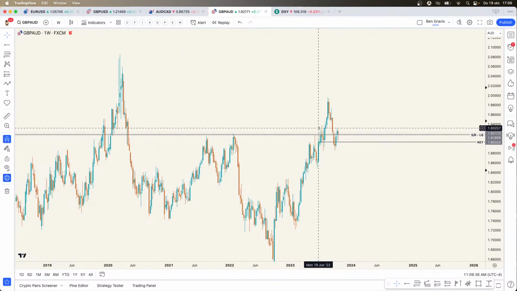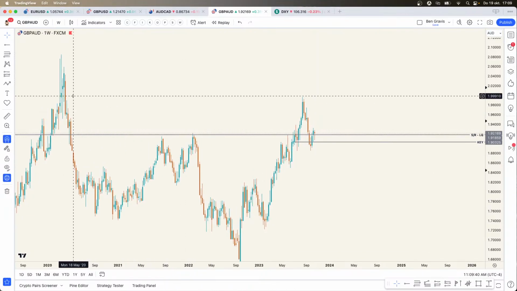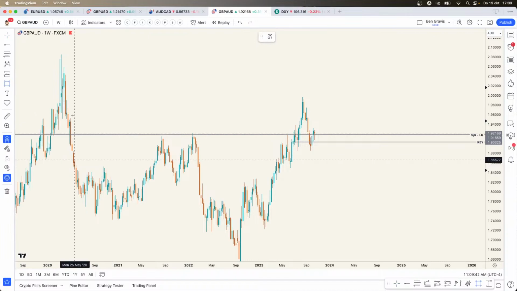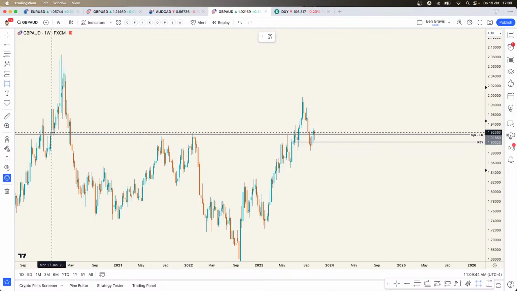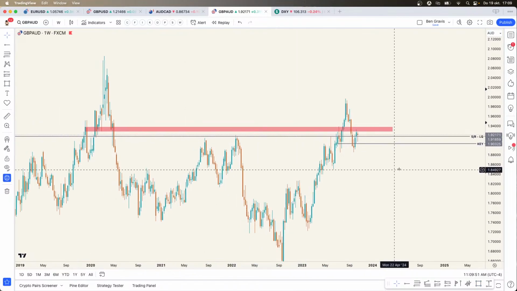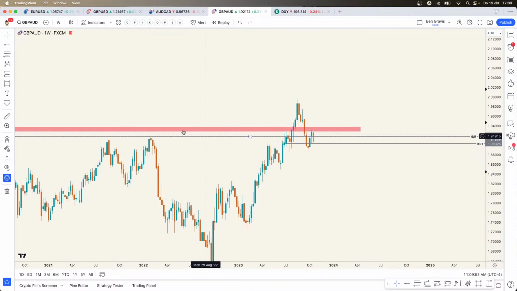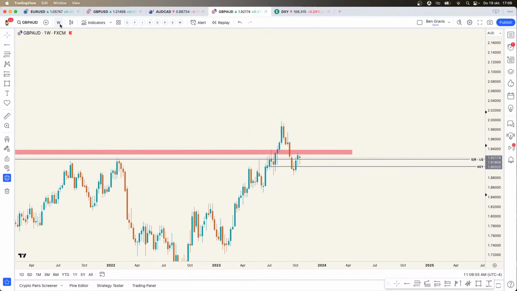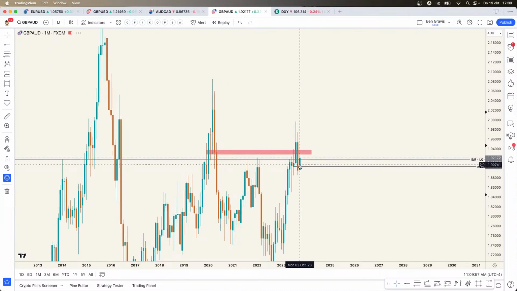You can see all those wicks over here. So with both of these wicks over here, that is going to be my box of resistance. See on a monthly.